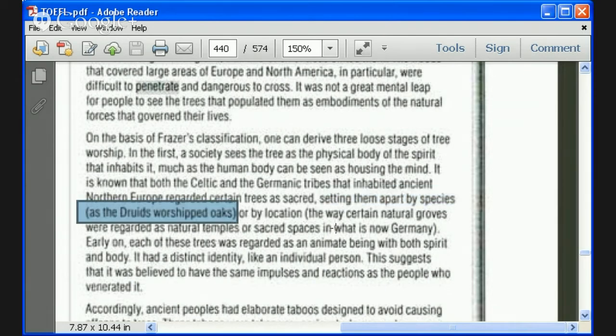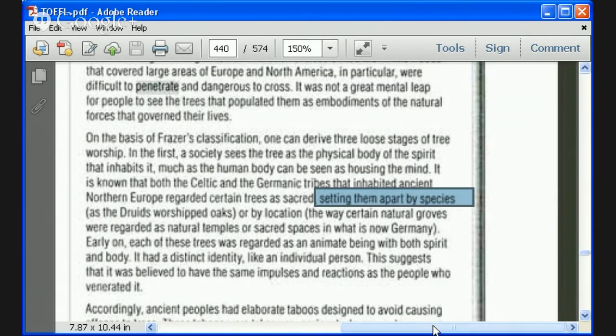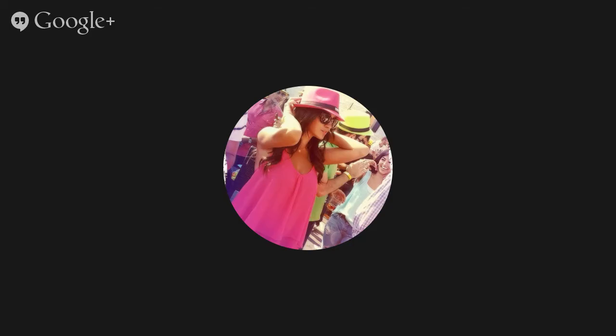Aha. So, why did the author mention oaks? As an example, I know that, to show how they set them apart by species, right? Oaks are species.